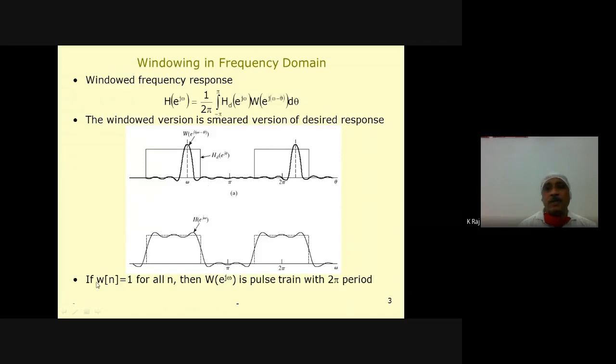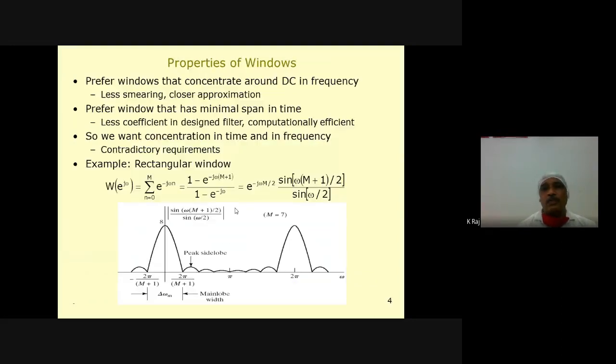And if this window w[n] is equal to 1 for all n, then W(e^jω) will become a periodic pulse train having a period of 2π. So this is the representation of a window that will be used for the frequency response.